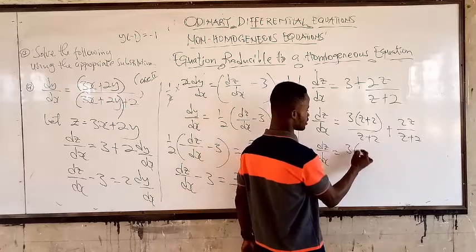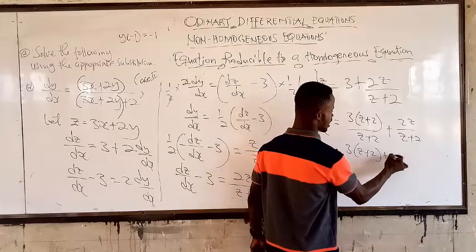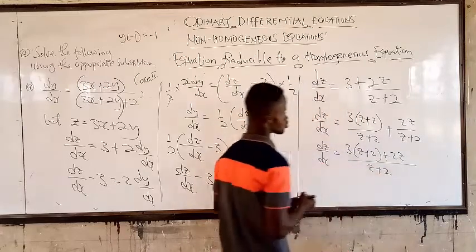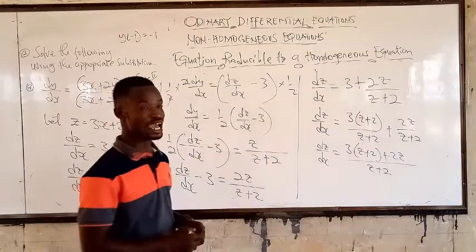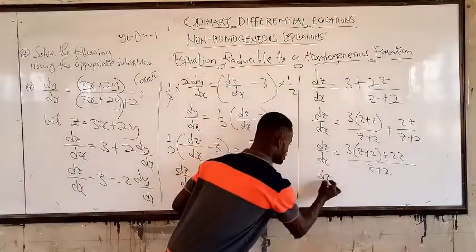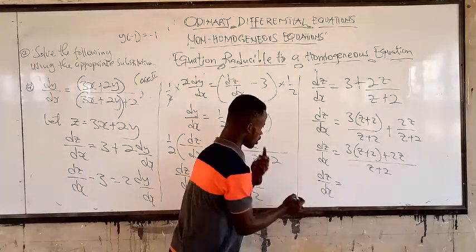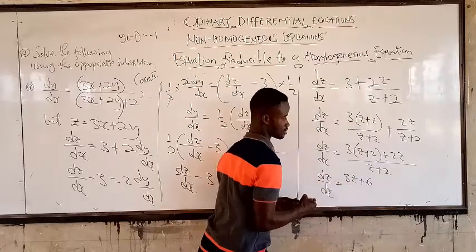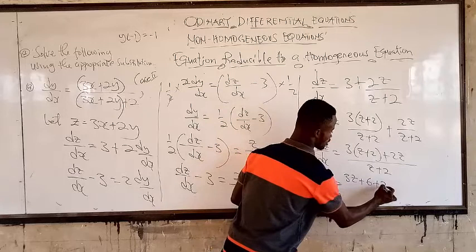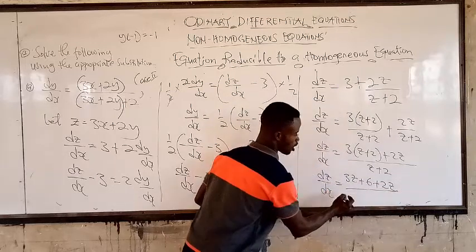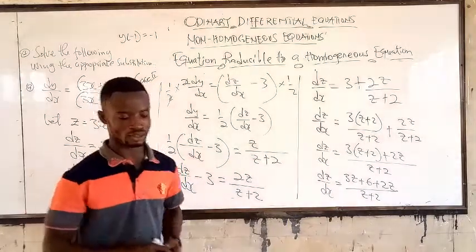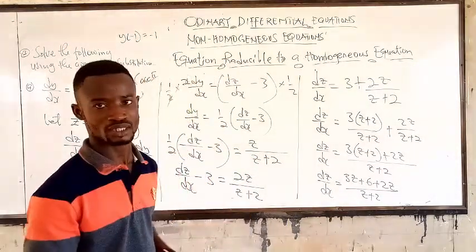So (3z + 2 + 2z)... then we can get dz/dx equal to (3z + 6 + 2z) over (z + 2). You can see this is not about s1, y1 or whatever. I hope it's clear.